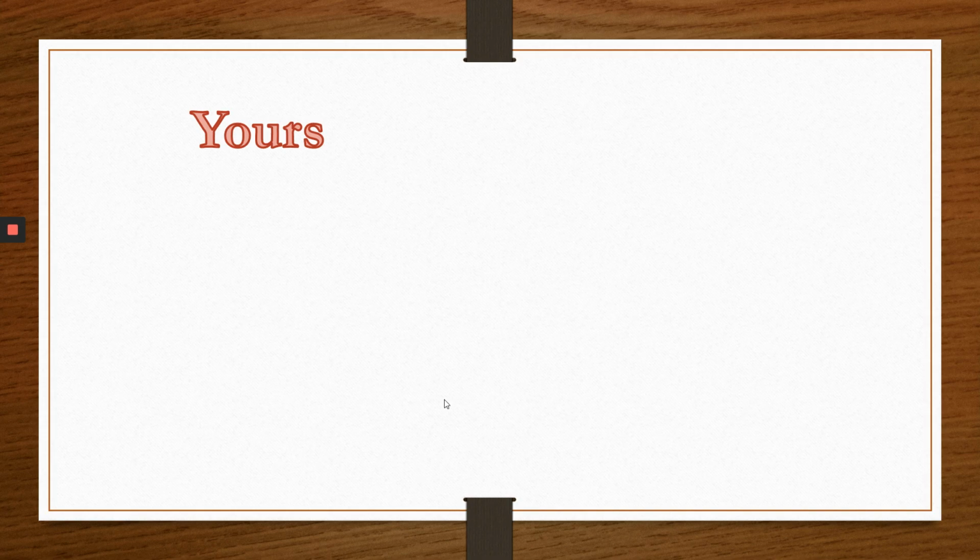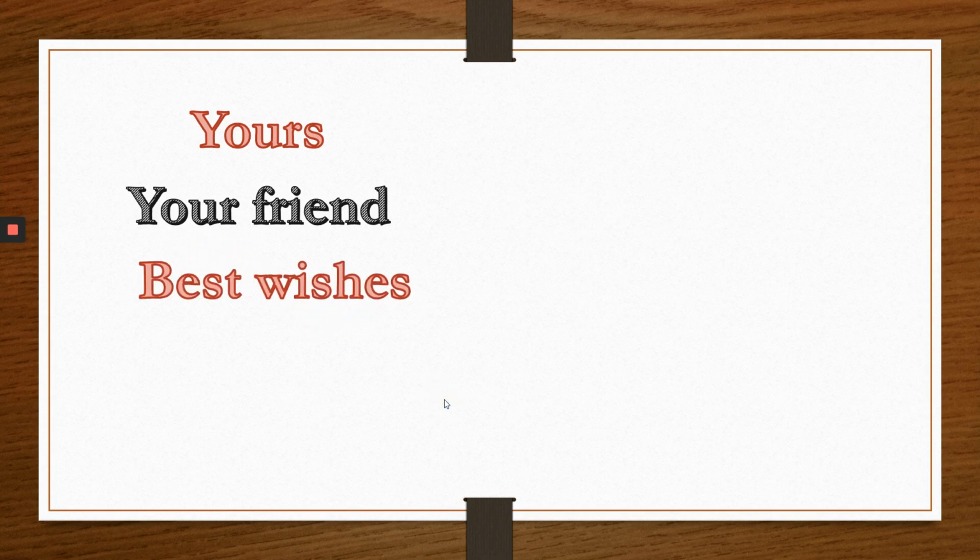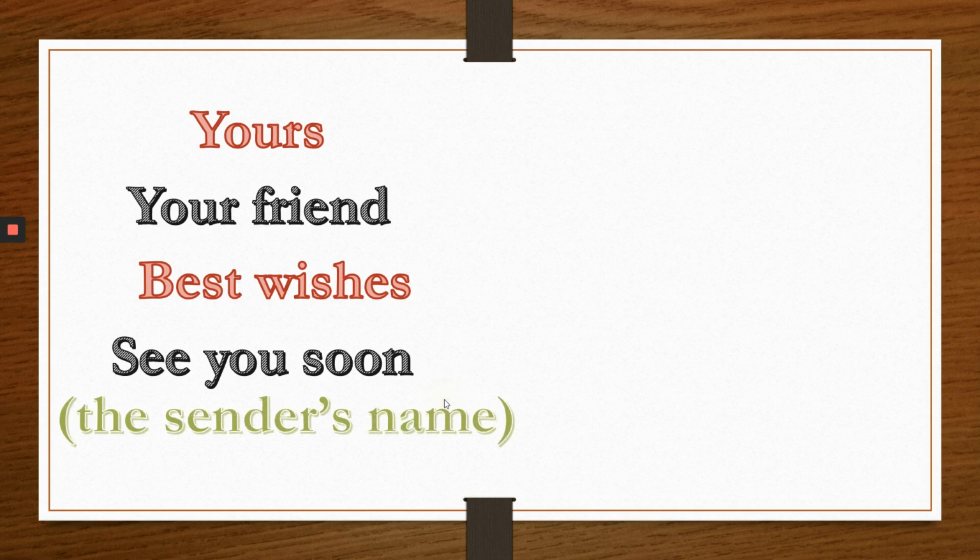After you write these concluding remarks, you should write on a separate line, yours, or your friend, or best wishes, or see you soon. And then you have to write the sender's name, the name that is mentioned in your exam. Be careful.